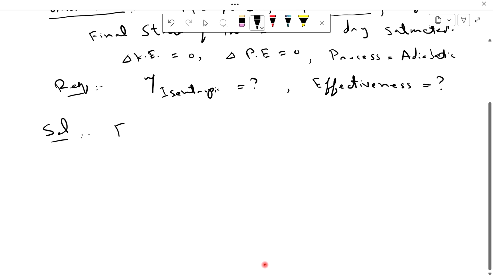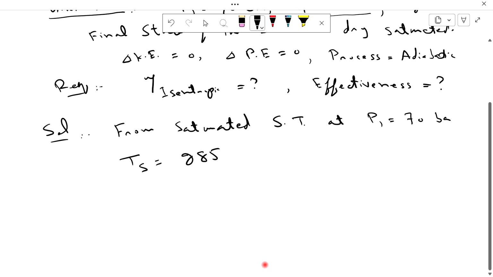For this we are using the saturated steam table. From the saturated steam table, at pressure P1 equal to 70 bar, the saturation temperature is equal to 285.8 degrees centigrade, and the temperature given to us is 500 degrees centigrade, which is greater than the saturation temperature of 285.8 degrees centigrade.